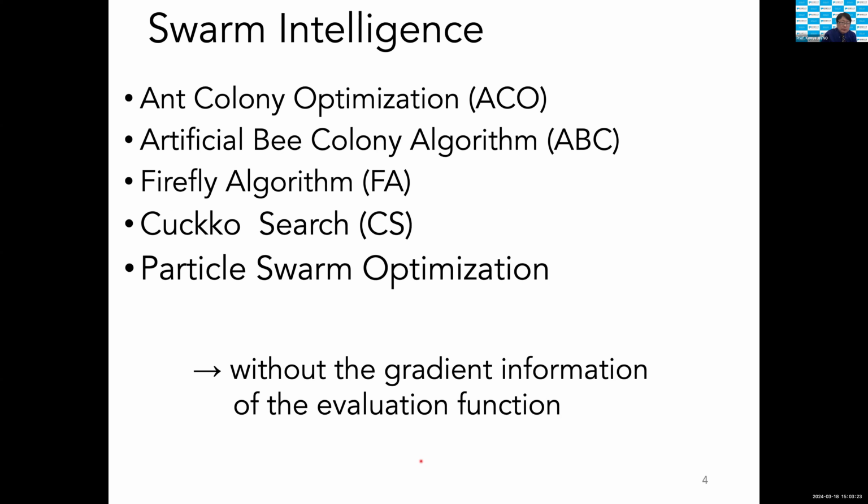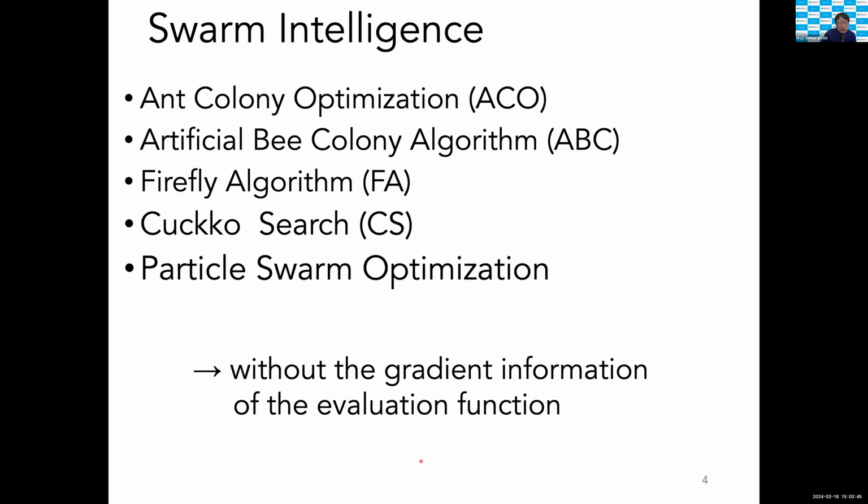Various solution algorithms have been proposed for searching when gradient information of the evaluation function is not available. Among such algorithms, there are those referred to as swarm intelligence optimization algorithms.